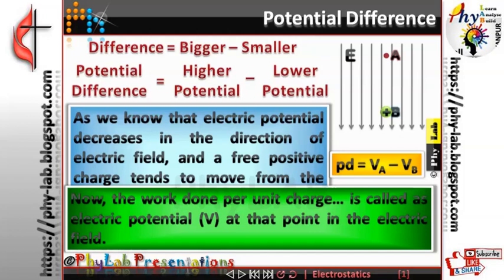So in this case, work done by whom? Work done per unit charge by the external agent. So the work done per unit charge by the external agent in order to move the charge from the region B to the region A will define the potential difference between point A and point B. Is that clear, friends? Let us move on to the next slide and that will become much more clear to all of you.